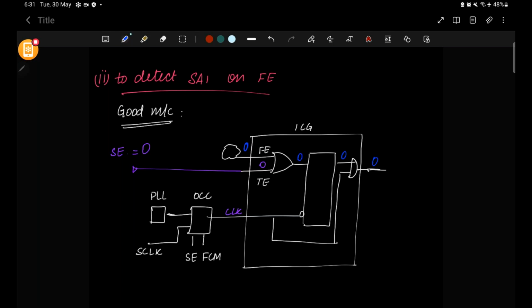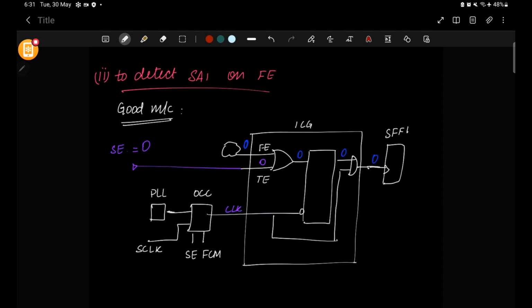So for simplicity, I'm just considering one flop. This is scan flop A. So here what is happening? Clock is not pulsed.